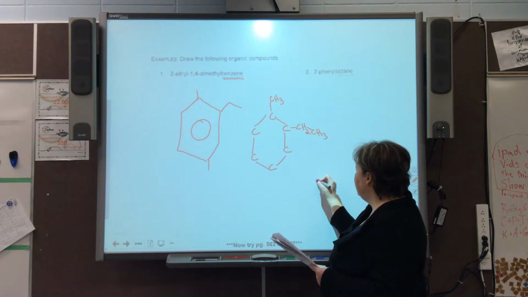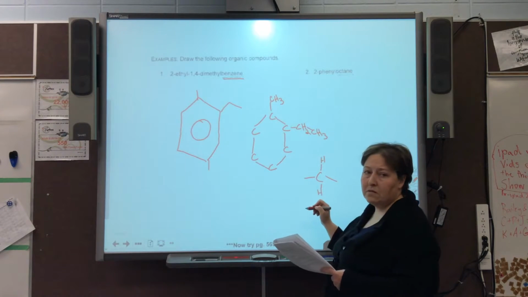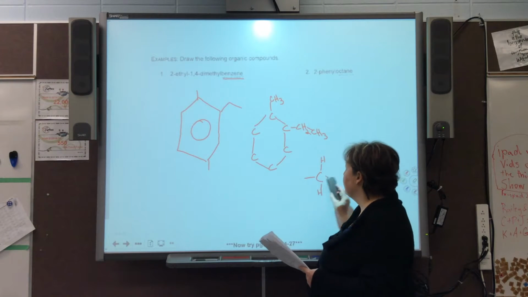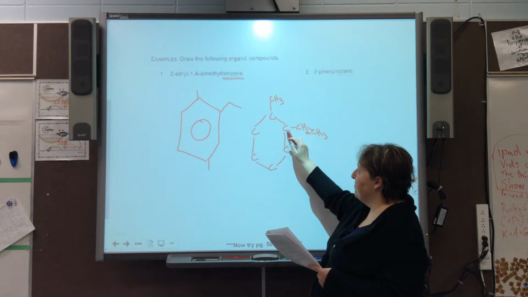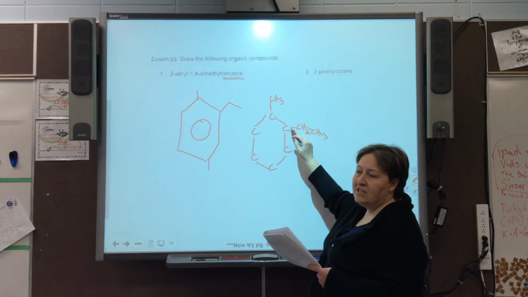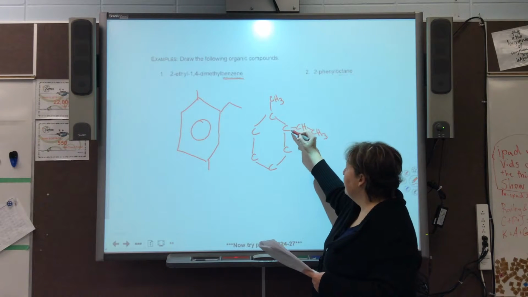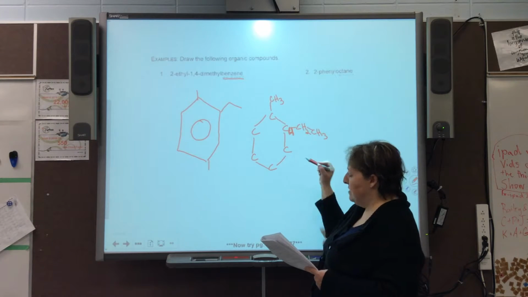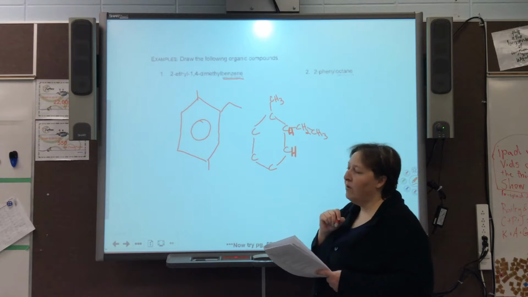Right? Because here's a carbon, it's coming in and it's going out, so these 2 need to be hydrogens. Okay? What about this carbon? How many hydrogens is this carbon going to have? 1. What about this one? 2.